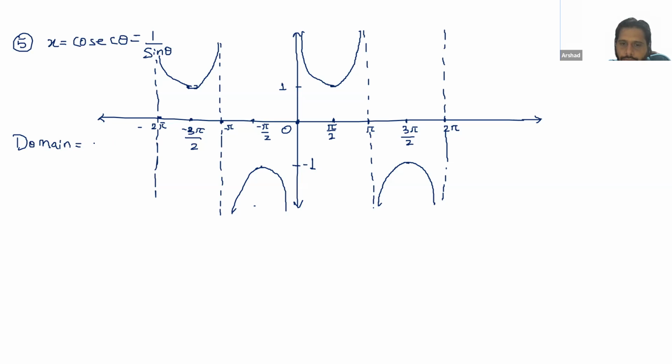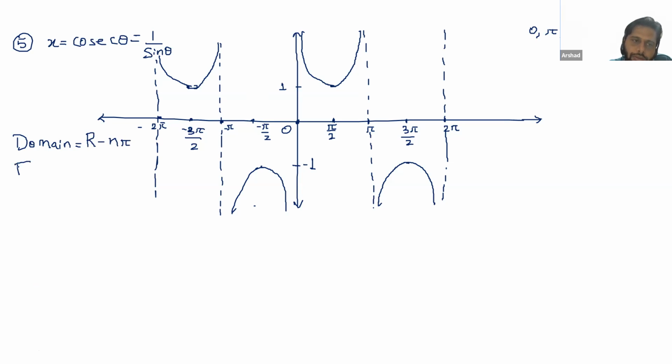Abdur, Omer, Zed, anyone? R minus pi by 2? No, not pi by 2. It does not exist for 0, pi, 2 pi, 3 pi, 4 pi, and so on. So n pi, very good. We will write it as R minus n pi.